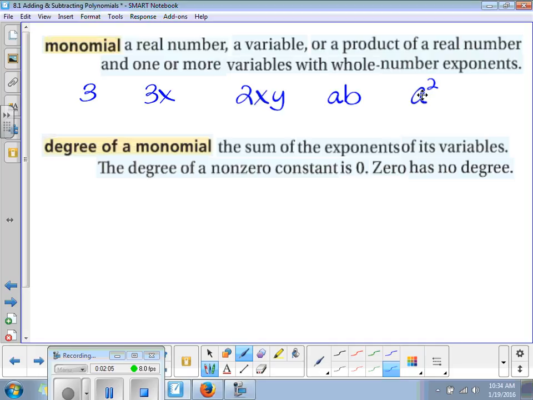Now the degree of a monomial is the sum of the exponents of its variables. So in the 2xy, the variables are x and y, right?